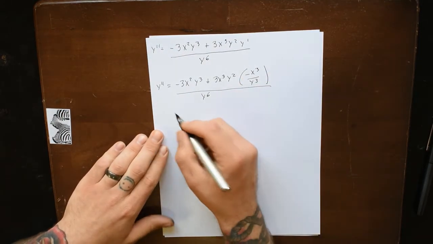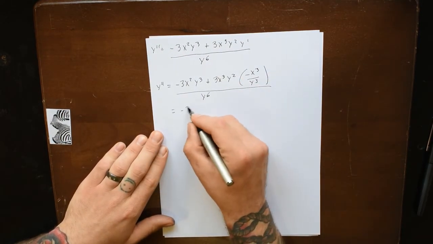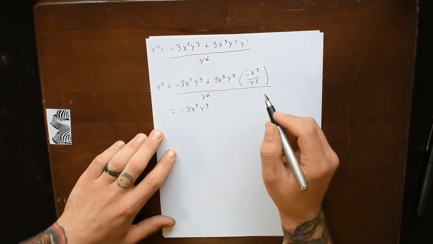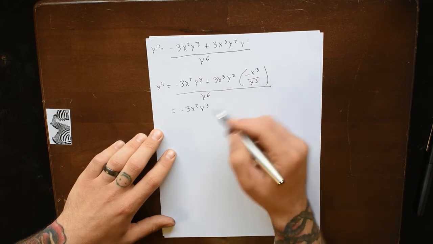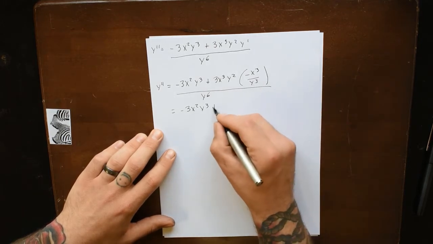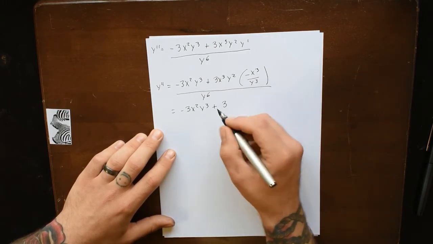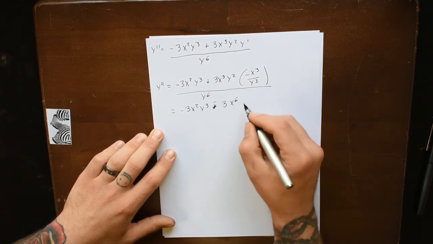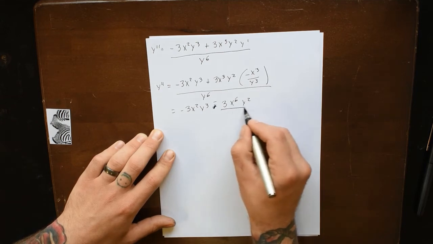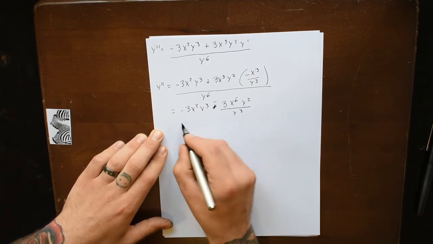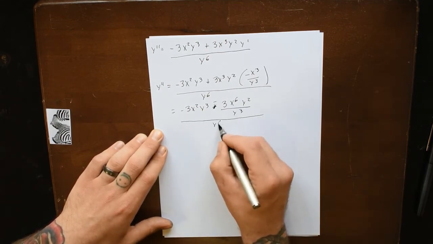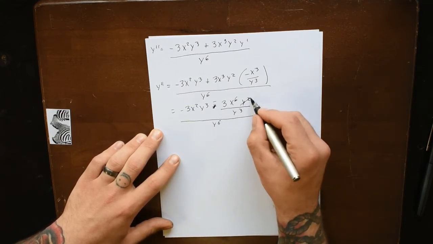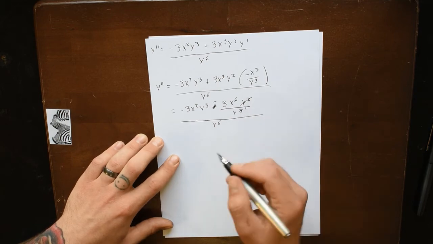So now we're just simplifying. This is equal to negative 3x squared y cubed, and then we'll do this: plus 3 times negative x cubed over y cubed, that's minus 3x to the sixth y squared over y cubed, all over y to the sixth. These will simplify. That'll go to a 1. That will go to a 1.